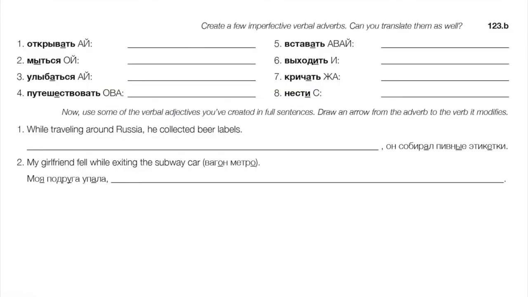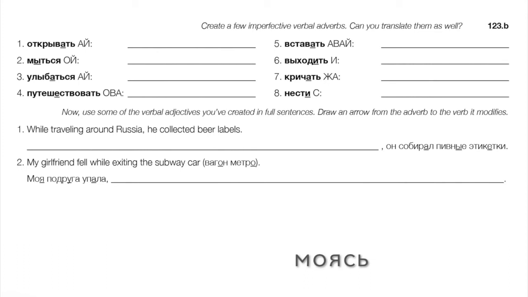Okay, so let's form a few of these. And again, this is pretty easy, really. Number one, открывать. Okay, if we want to do step by step, the third plural would be открывают, and we get открывая. Мыться. Third plural would be моют, so that would get моя. That would mean while washing. Here we want to say while bathing or while washing oneself.